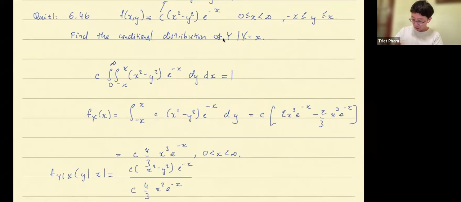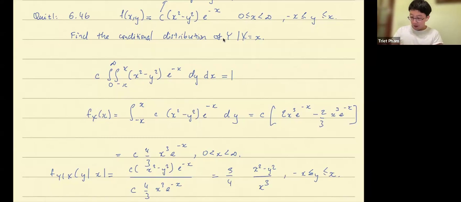Of course this cancels, but that's not the main point. The main point is that C here gets canceled. So you get something like 3/4 times (x squared minus y squared) over x cubed, where the main player here is y. So y is between minus x and x.